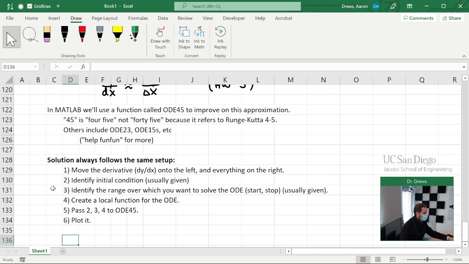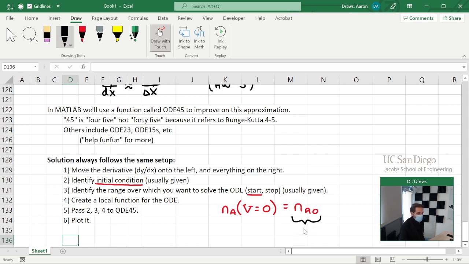There are a couple of elements that are related here. So the initial condition here usually correlates to the starting point. Whenever you see the initial condition written, for example, the way that we had it written up above, that was NA evaluated at V equal to 0 is equal to NA0. Typically, if we were coding it, we would restrict ourselves and say this part over here is the initial condition.